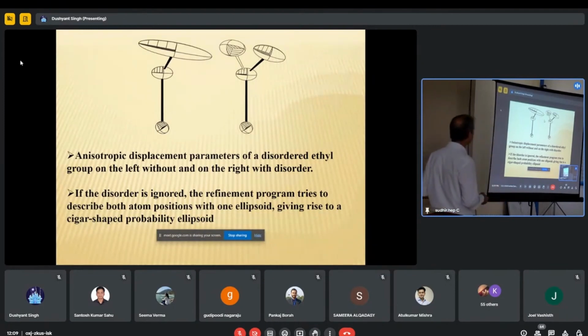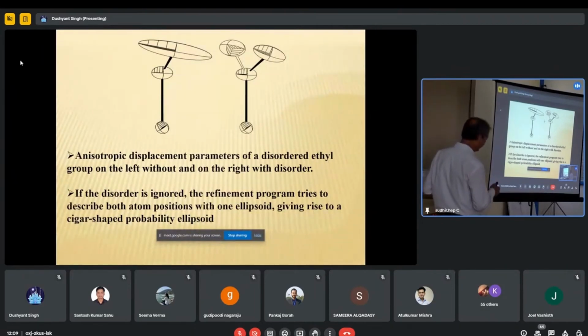If the disorder is ignored, the refinement program tries to describe both atom positions with one ellipsoid. If you ignore it, the molecule is spending some time here and some time there. It is vibrating, or it may have different orientations in different unit cells.